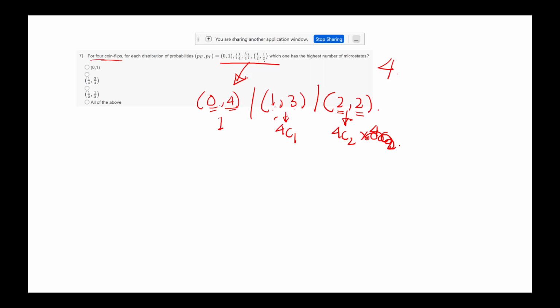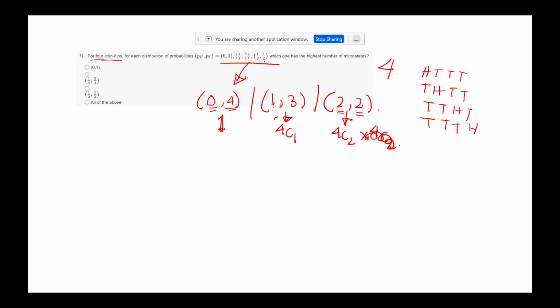4 tails and no head can happen only one way, only one possibility. One head and 3 tails can happen in four possible ways, like this: head, tail, tail, tail; tail, head, tail, tail; tail, tail, head, tail; tail, tail, tail, head.